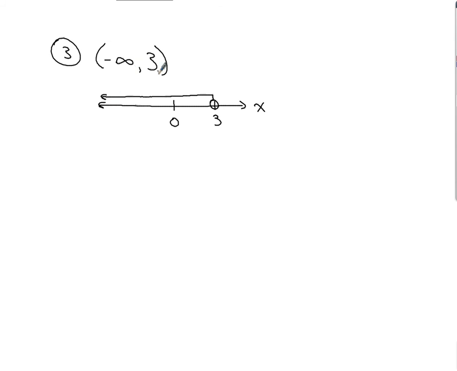So using set notation, we're defining things in terms of x. So everything's going to be in terms of x. I throw my little bar in there. And then what's the inequality statement I'm going to use? x is less than, not equal to, 3. So there's your set notation.